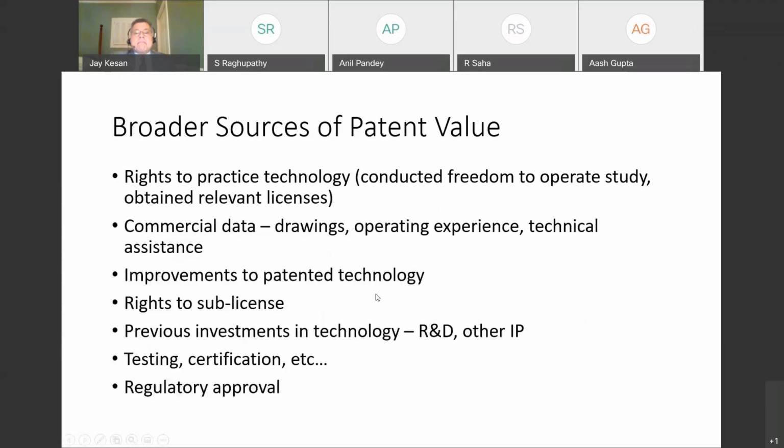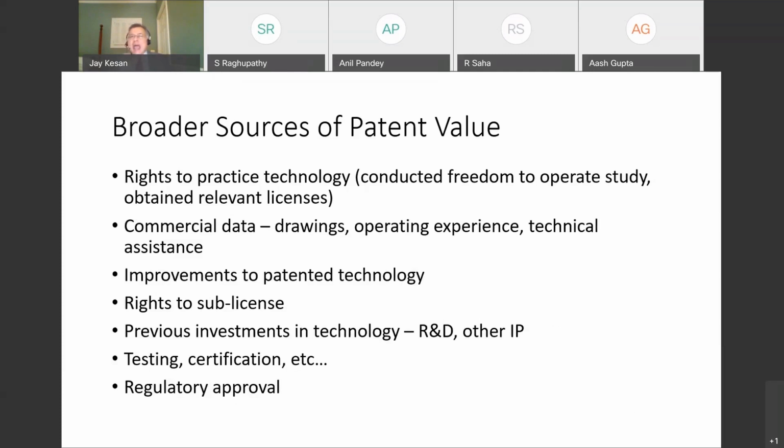Okay. There are also certain other broader sources of value that we should think about, which is that in addition to your own patent, do you have the rights to practice the technology that is embodied in the product?